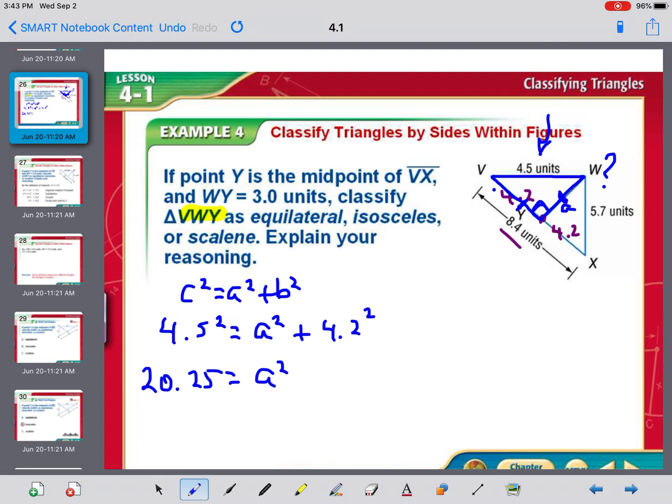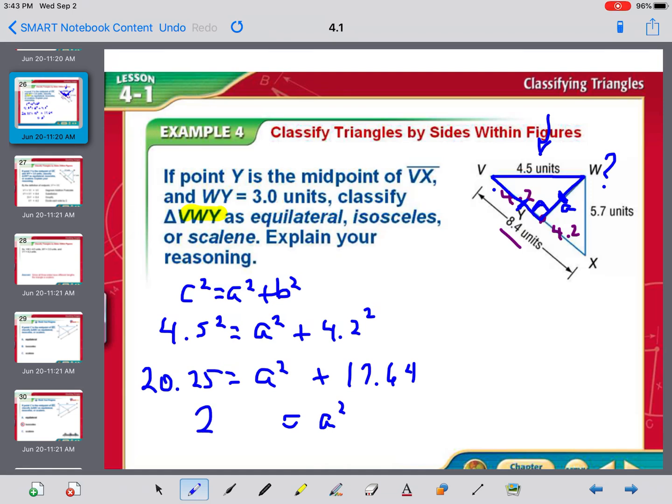I'm whipping out my good old trusty calculator here, and I'm doing 4.5 times 4.5, which is 20.25. And then I'm doing 4.2 times 4.2, which, believe it or not, is 17.64.